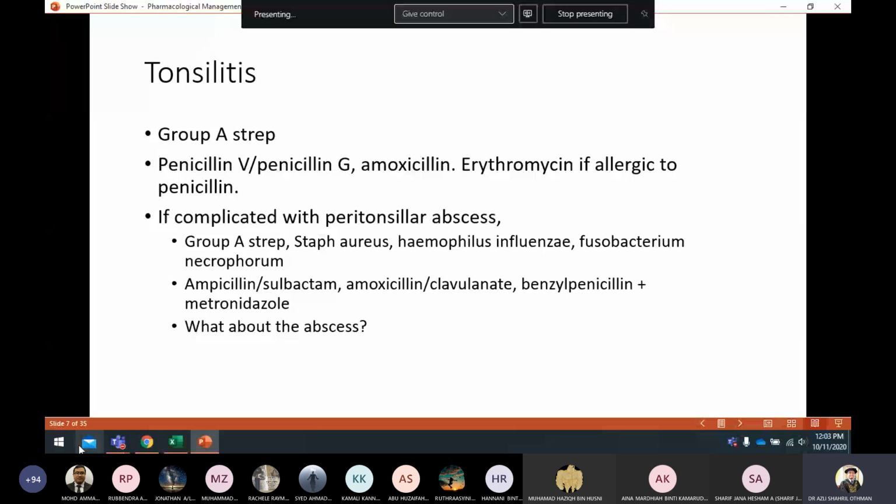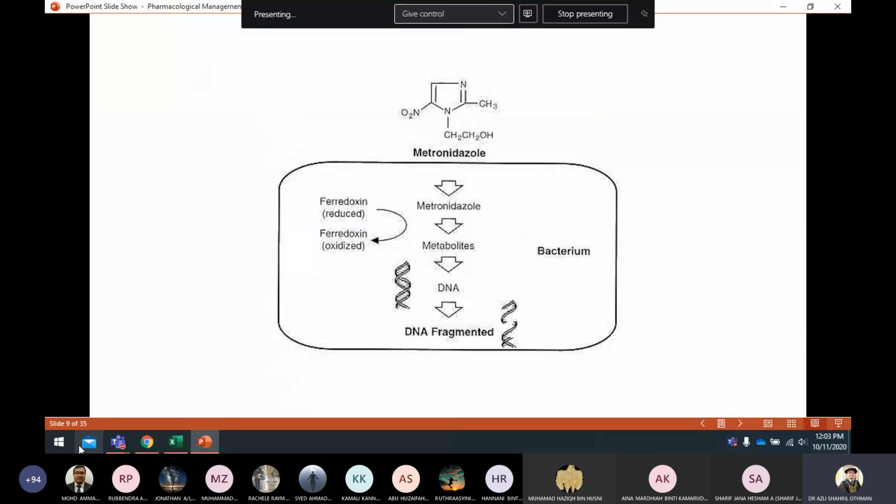So remember metronidazole. Remember anaerobes. This metronidazole is not an antifungal, although the name has azole at the end, so try not to confuse yourselves. You can see there how it works.